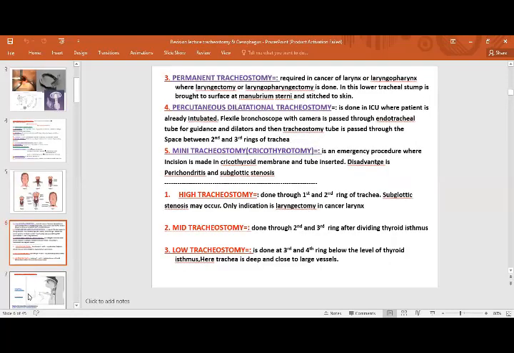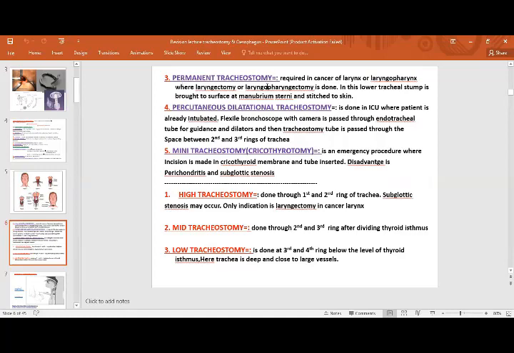So again, I have talked about the permanent tracheostomy. In which condition do we require permanent tracheostomy basically? In case of CA larynx or laryngectomy, because in that case we have to remove the whole tracheal trunk from it. So there won't be any problem of subglottic stenosis, because we need to remove all things during the laryngectomy.